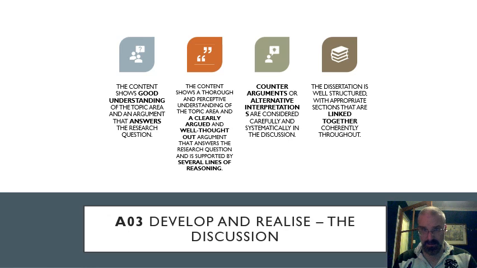So moving on to the next thing, you have to show a thorough and perceptive understanding of the topic area and a clearly argued and well thought out argument that answers the research question and is supported by several lines of reasoning. So once again, we're saying we need a very good quality argument. It needs to be an argument, but also there needs to be, well, not lots, different directions to it.